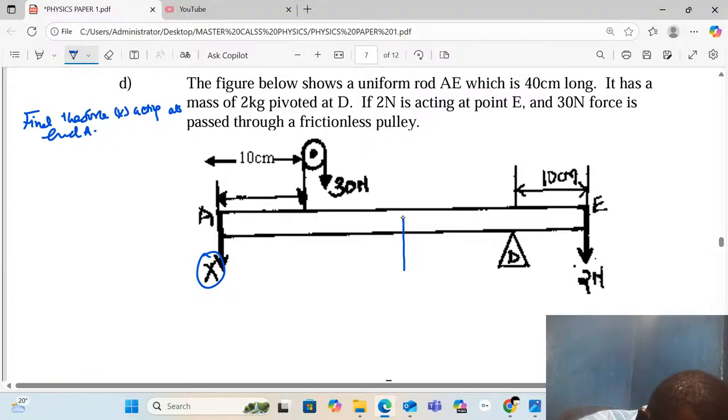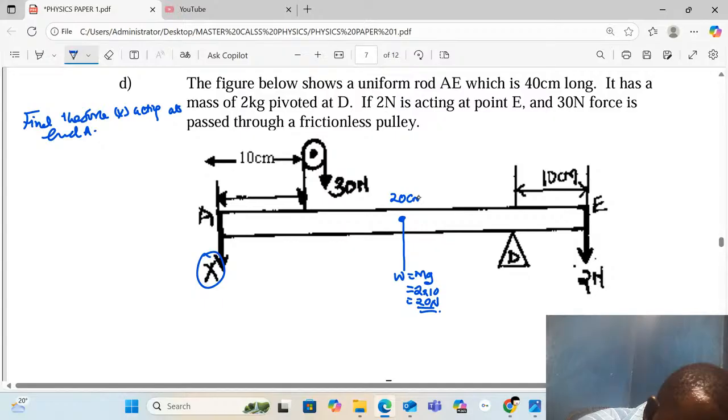Since it is of mass 2 kg, it will be 2 times 10, so this is equivalent to 20 newtons acting at the center. And which is the center? The center is at the 20 centimeter mark, because the total length here is 40.